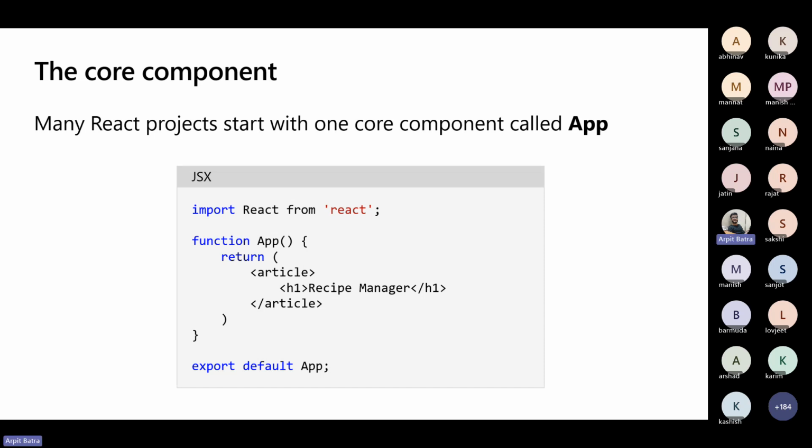Now we have useEffect. It performs side effects like fetching data. The third one is useContext. It accesses context values. The fourth one is useReducer. It handles complex state management. And the last one is useRef. It accesses DOM elements and persists mutable values.